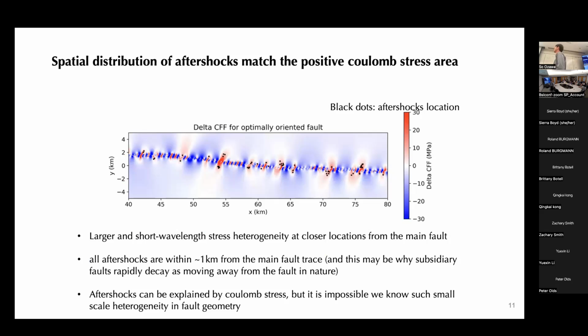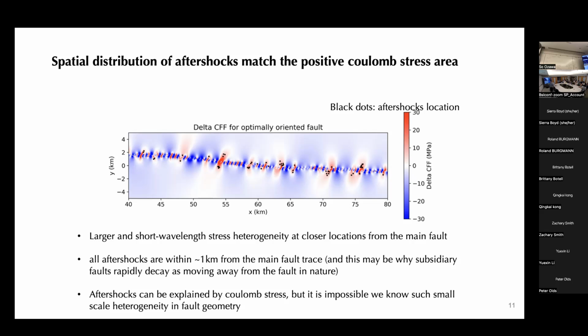This is showing the spatial distribution of aftershocks and Coulomb stress change due to the main shock slip, solely main shock slip. As you already saw in another paper that I introduced, the Coulomb stress field for optimally oriented faults is very heterogeneous near the main fault. There are a lot of positive Coulomb stress change regions nearby the main fault. And the black dots are the locations of aftershocks.